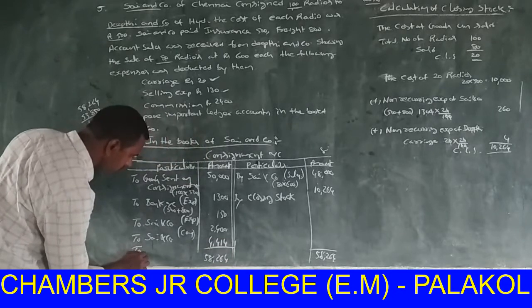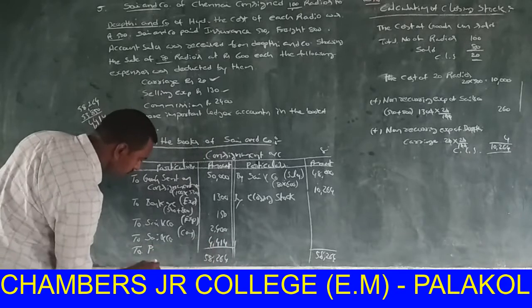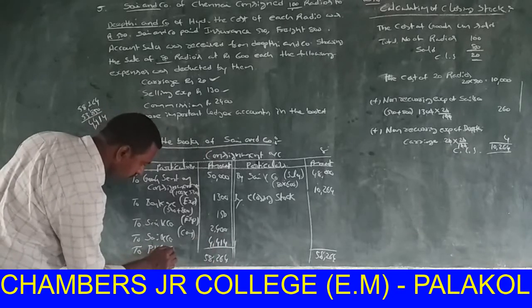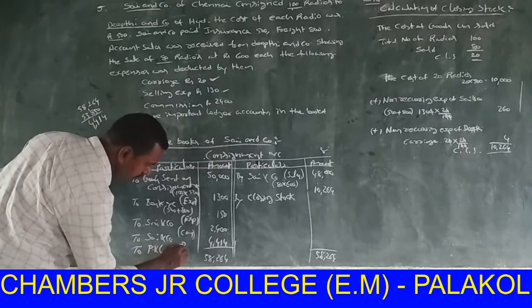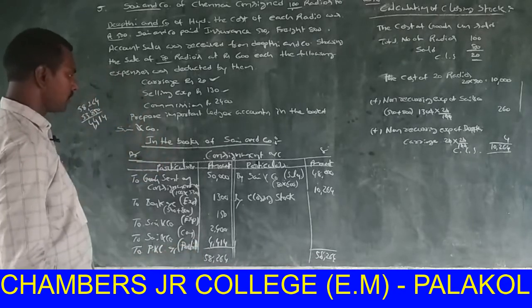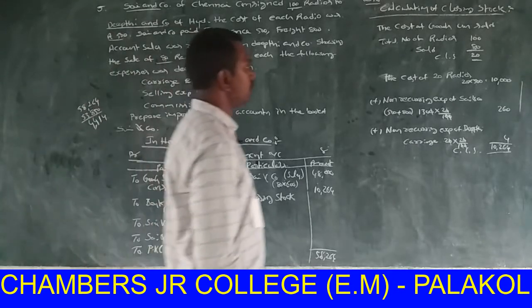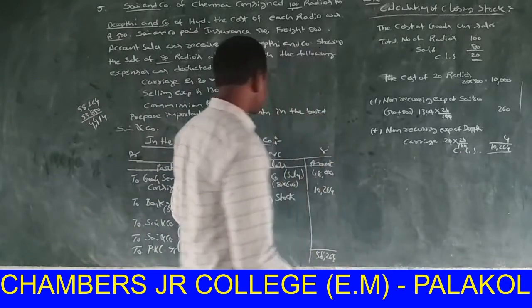This is the profit of consignment. This amount is transferred to profit and loss account. Profit and loss account, bracket profit. Now the profit in consignment account is 4,414.